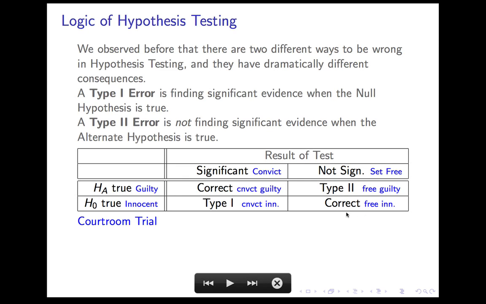So that means that a type 2 error is setting free a guilty person, and a type 1 error is convicting an innocent person. And of course, convicting a guilty person or setting free an innocent person is not a mistake. So there are two ways to be correct and two ways to be incorrect, and notice they have very different consequences.